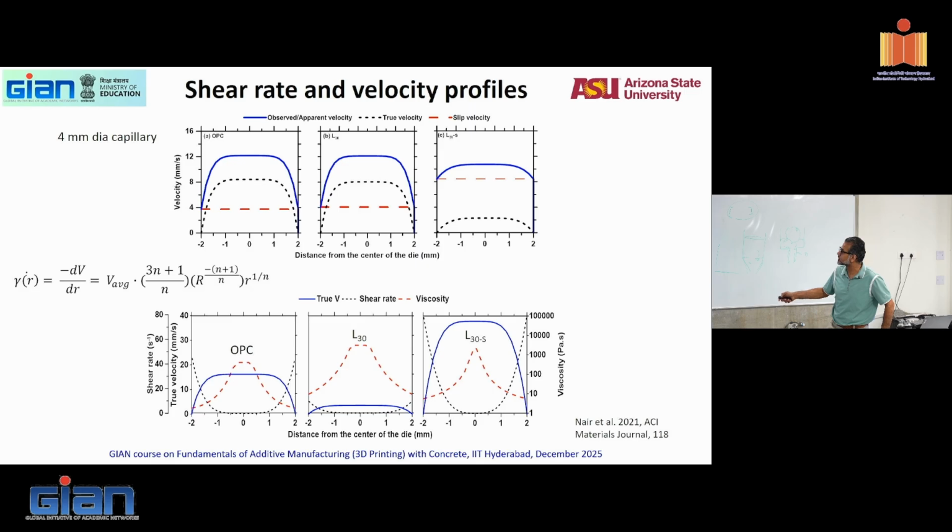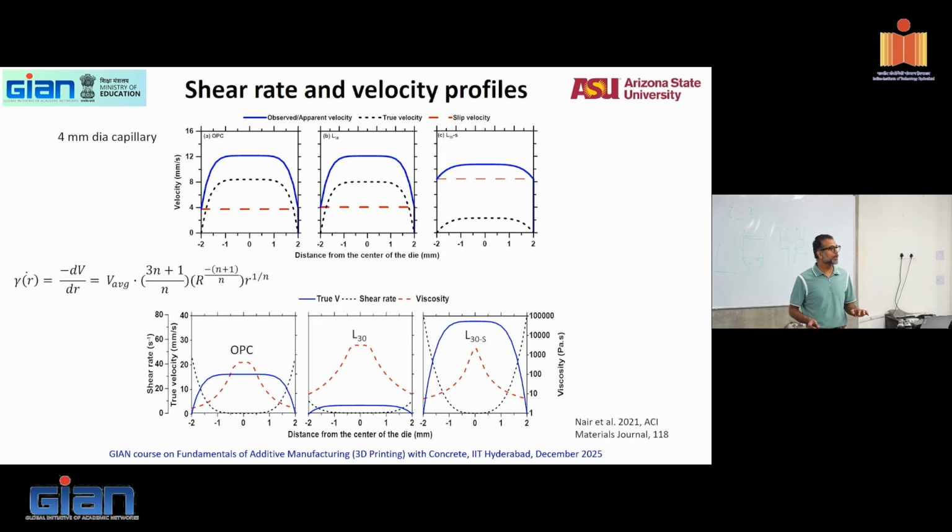Whereas for all of this, you will see some kind of a plateau. So when you get into a superplasticized mix, you get closer and closer to a Newtonian fluid when you get to an extrusion, which is what it is. Superplasticizers will make you go closer to a Newtonian behavior. So you can find out your shear rates.